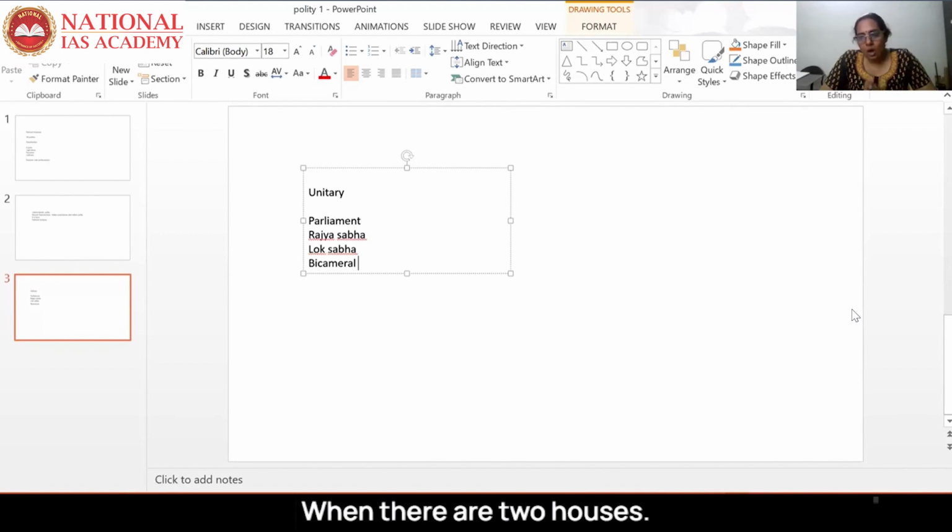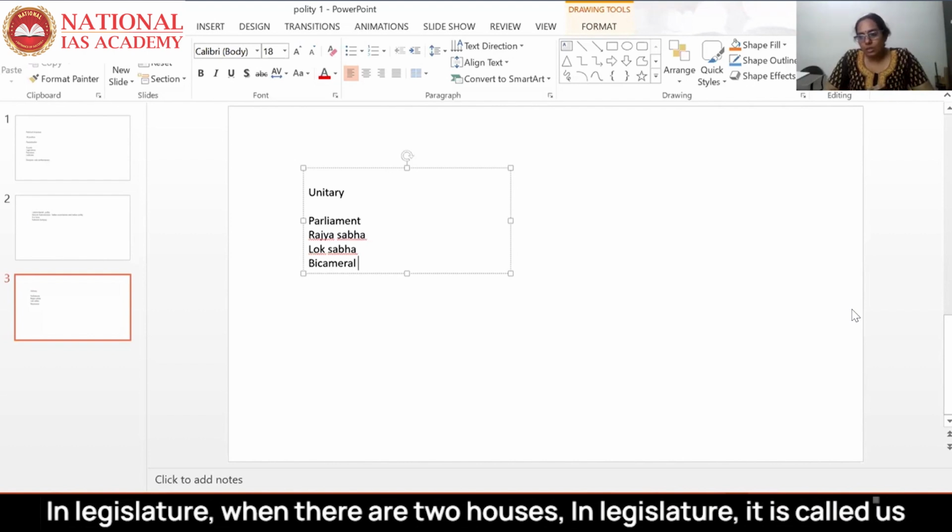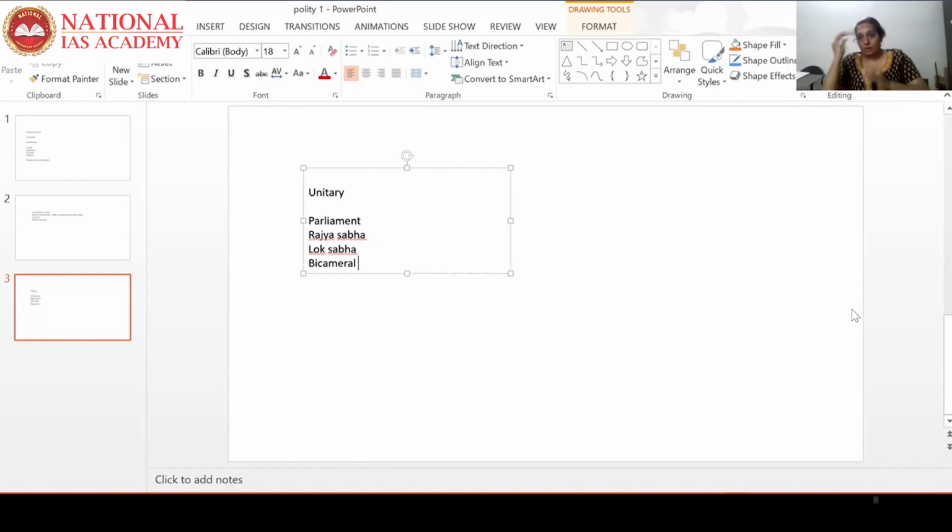When there are two houses in the legislature, it is called bicameral.